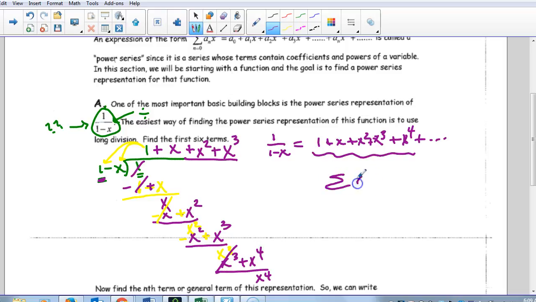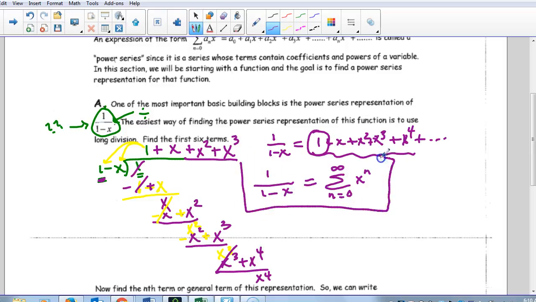It would be the sum of x to the n. Now I got to be careful that I'm going to make my series start at 1. So to make it start at 1, I need to make sure that my n begins at 0. Because if n doesn't begin at 0, I'm not going to get that first term. So what we're saying is that 1 over 1 minus x is exactly equal to this infinite series, which is crazy. Isn't that beautiful?